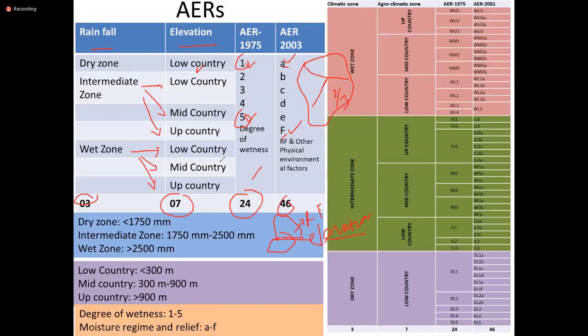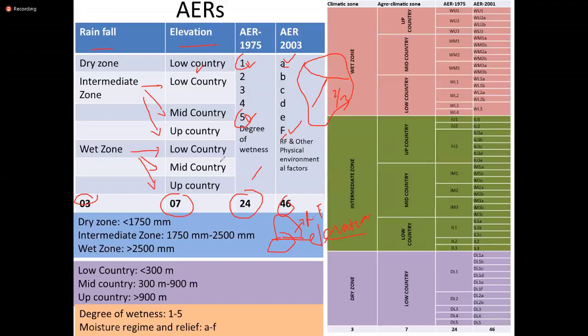Then based on the elevation, we have 7. Then somewhat the uniformity will increase. Then after that, based on the degree of wetness, you can see that Sri Lanka is divided into 25 ecological regions. That means the uniformity further will increase. Understand?